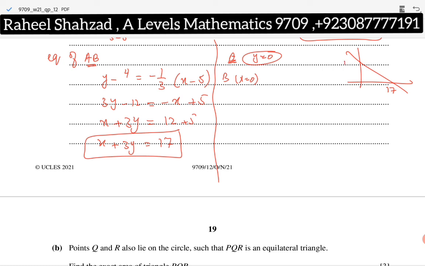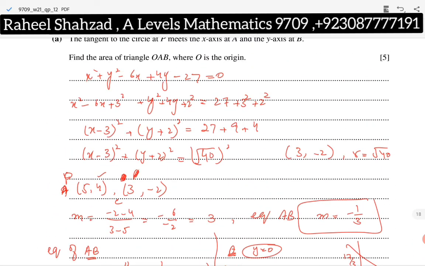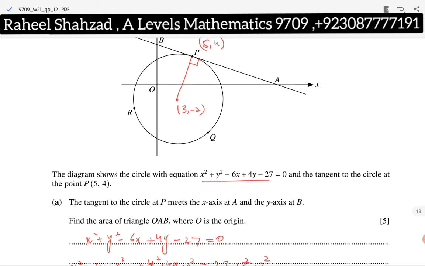So it is 17 by 3. So its area is equal to 1 by 2 into base into height. So it is 17 square by 6. So what is 17 square? Basically 289 by 6. 289 by 6 centimeter square is area of the triangle OAB, right?